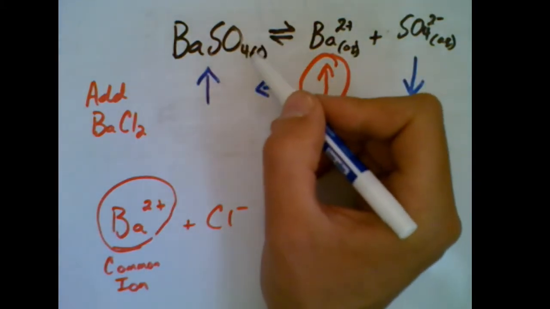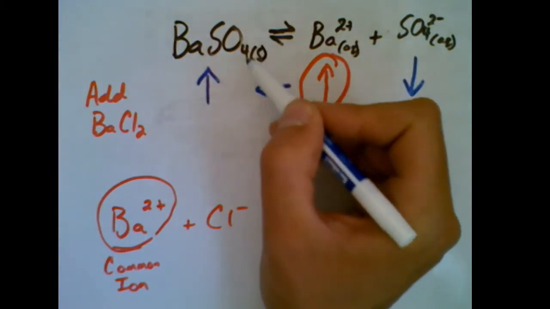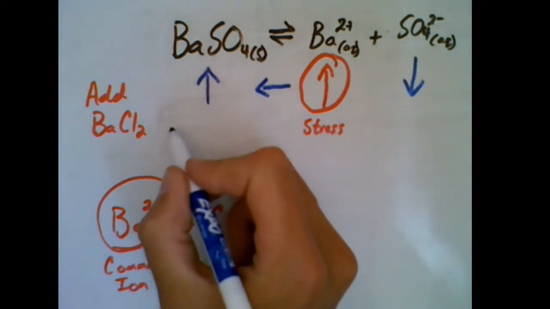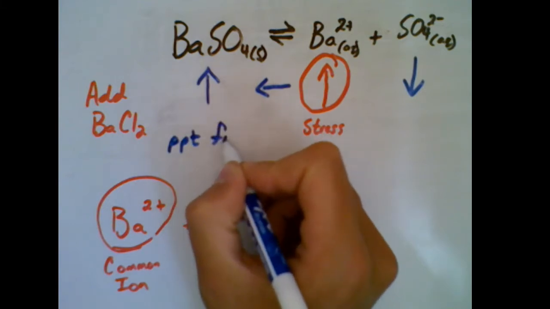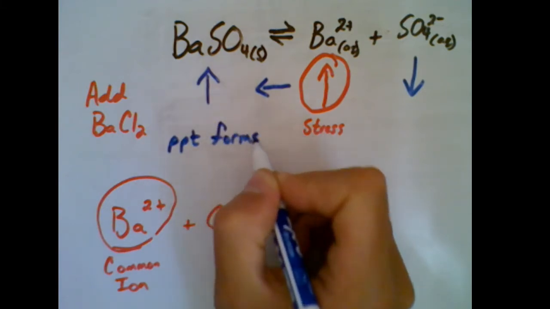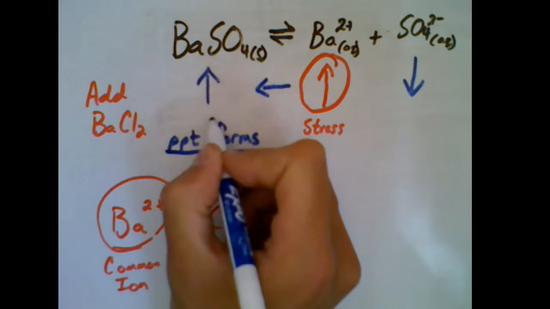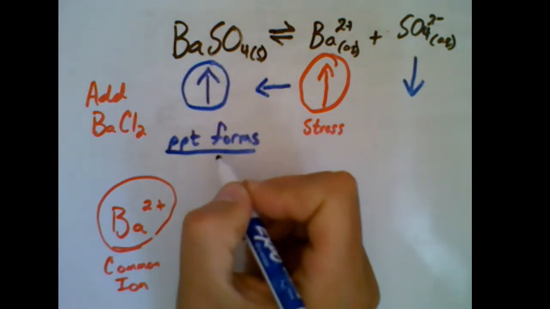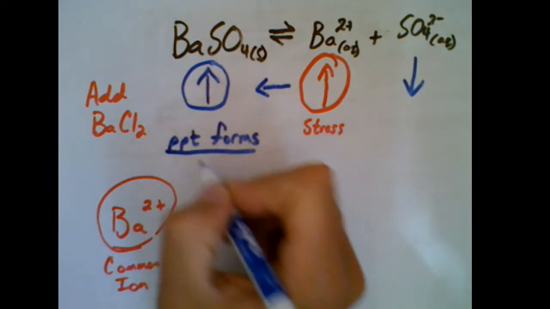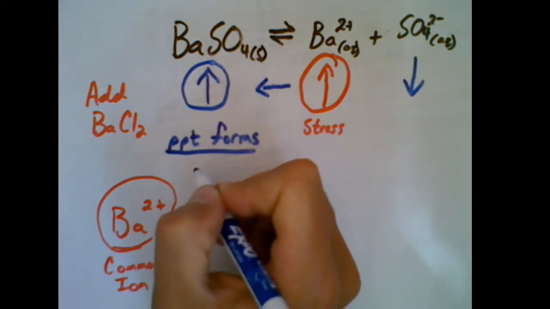Now it's important to recognize that the state actually tells us that what's going on here is a precipitate is forming. By adding more of the barium into the solution, we cause barium sulfate to precipitate out.